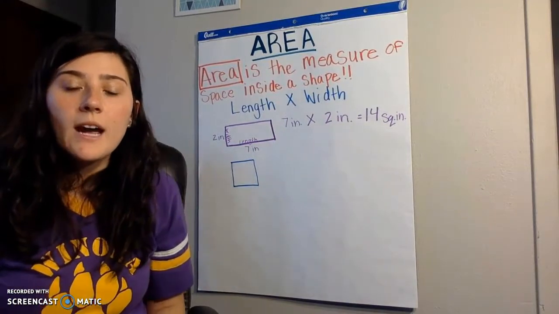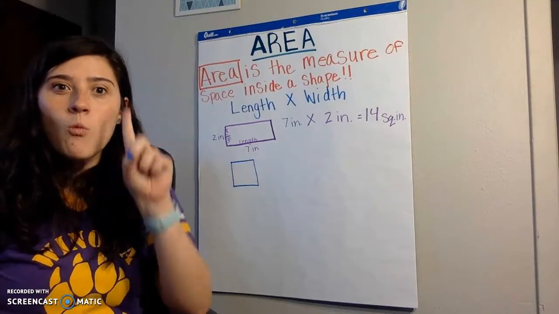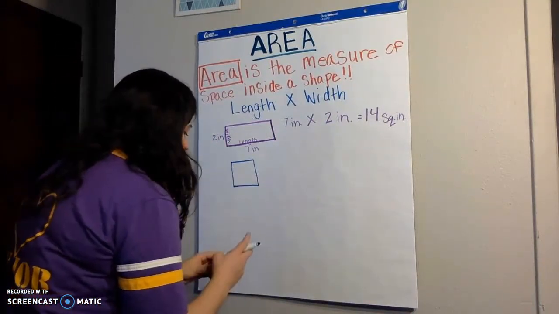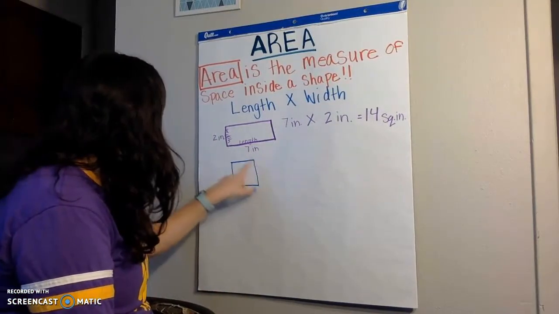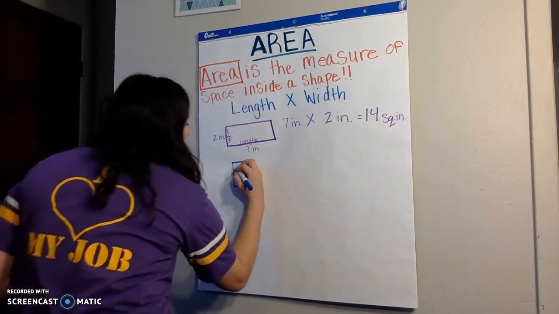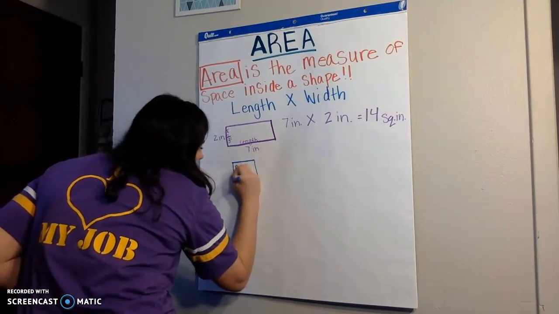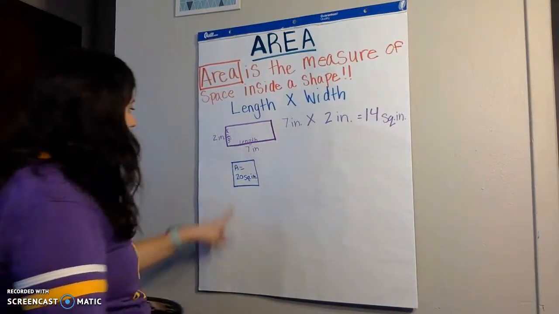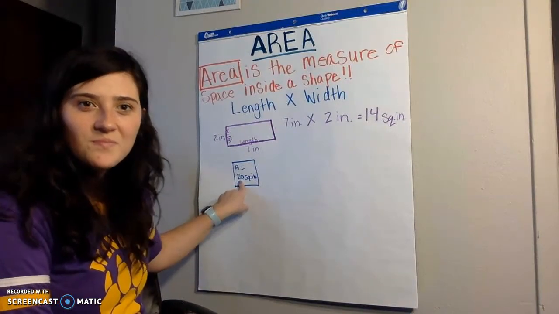On my square, I'm going to give the area and no sides. My area of my square is going to be 20 square inches. So I'm going to say area equals 20 square inches.